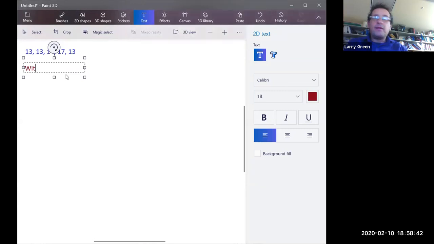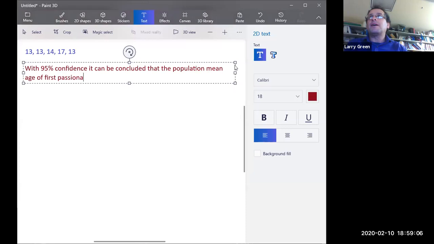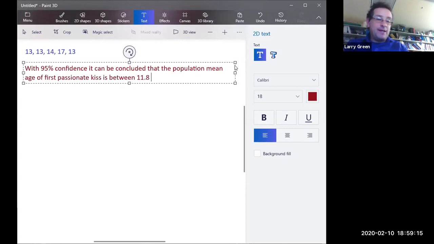So with 95% confidence, it can be concluded that the population mean age of first passionate kiss is between 11.8 and 16.2 years old.